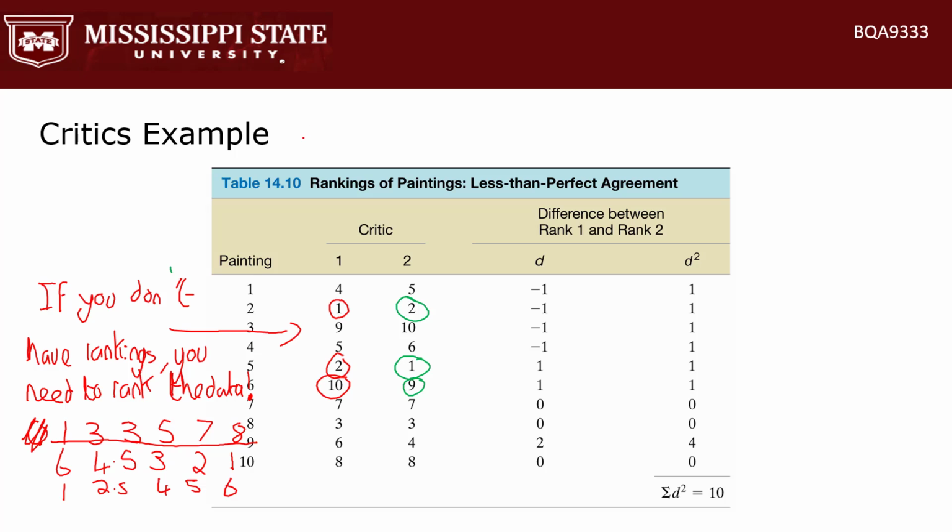So let's calculate this. It's 1 minus 6 sigma, and then again i equals. I always like to put the iterators in. Di squared all over n squared minus 1, which is 1 minus 6.